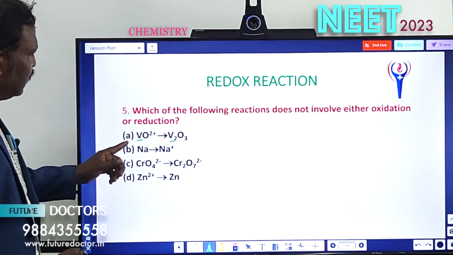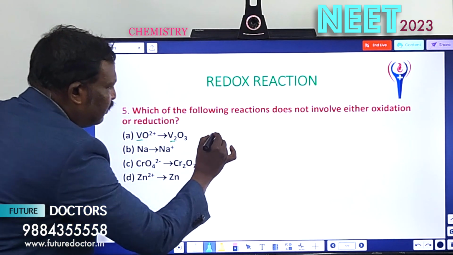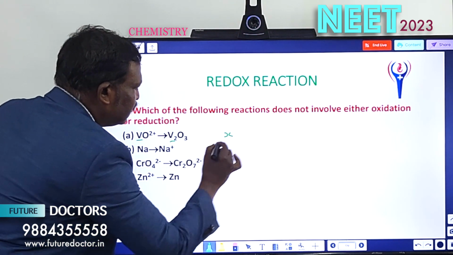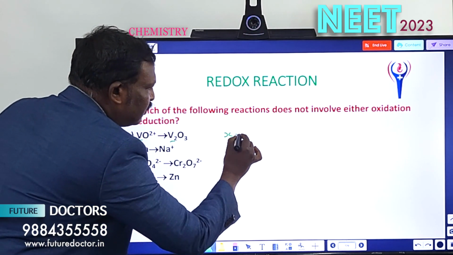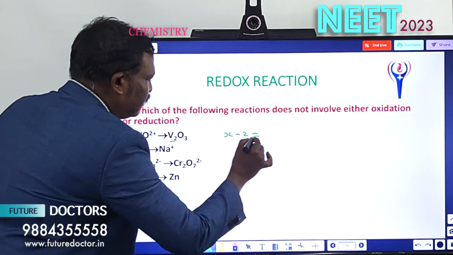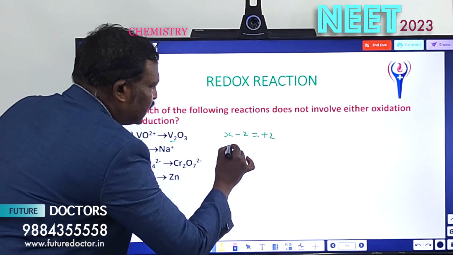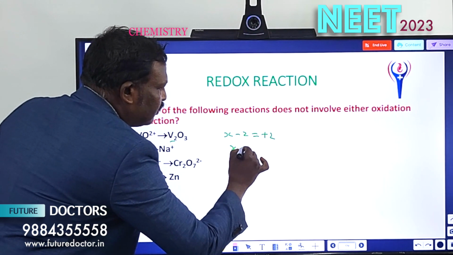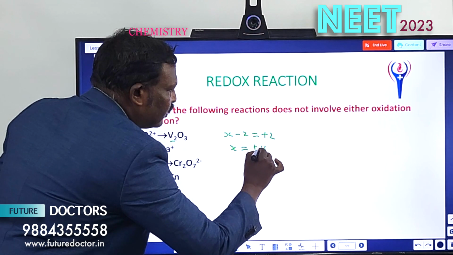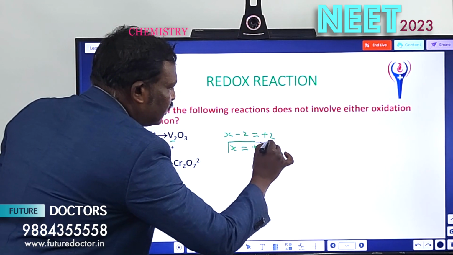One vanadium is X. Here one oxygen is -2, so X - 2 = 0, and X is equal to +4.